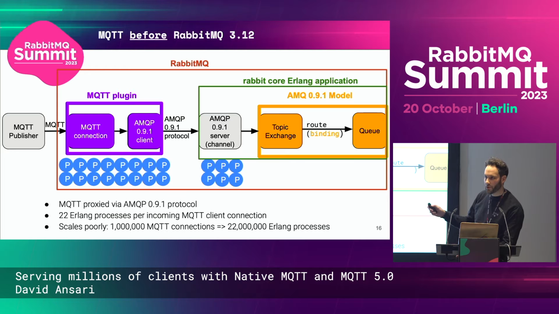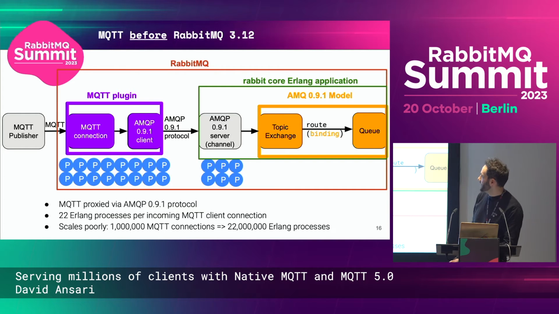And we know Erlang processes are cheap, you can create many, create them fast, destroy them fast. However, if you want to support 1 million MQTT connections, and this is really what the use case of MQTT is about, for example, supporting 1 million cars which connect to your single MQTT broker, then we ended up with 22 million Erlang processes, which doesn't scale well.